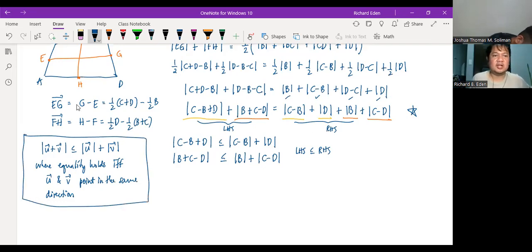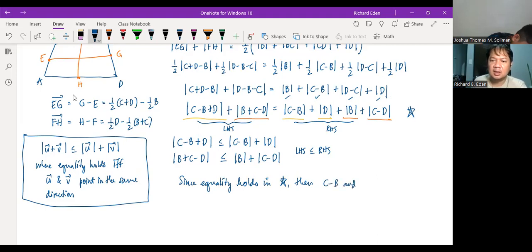Since equality holds in star, if you look at the vector pair C minus B and D, this must mean C minus B and D point in the same direction.